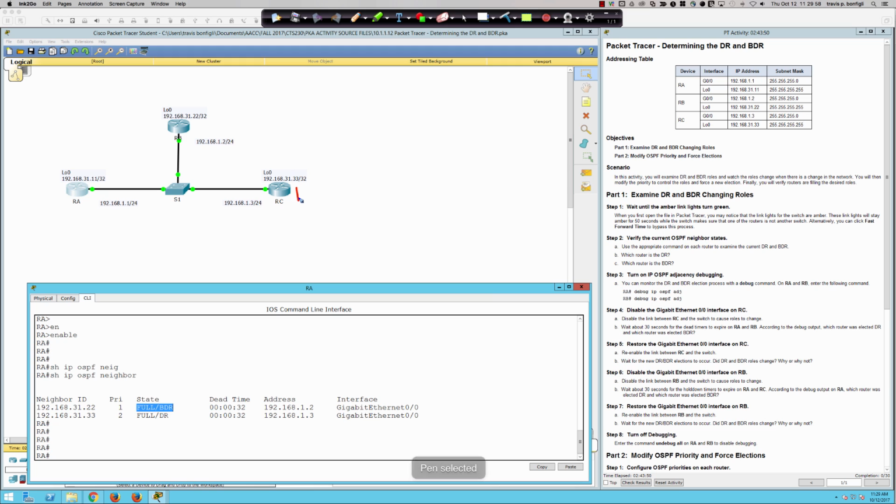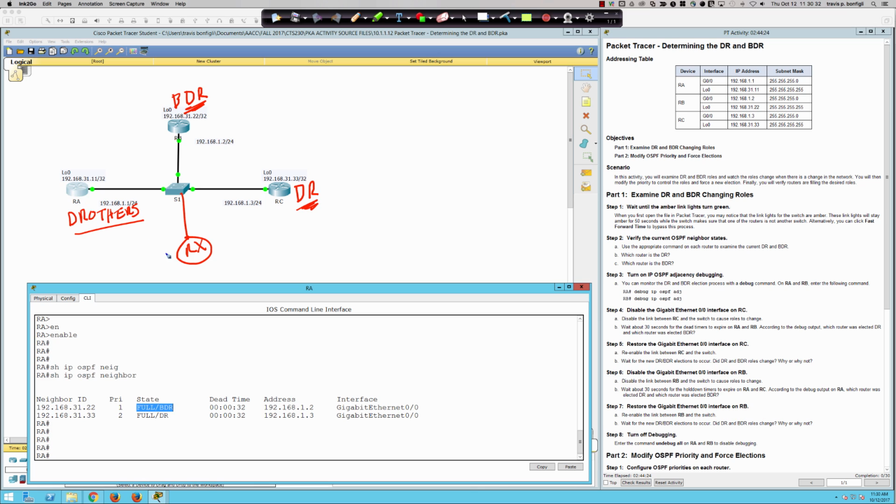Remember, if this is the DR and this is the BDR, router A would be seen, if there were other routers over here, let's say router X, right? Router X, they would be seen as DROthers, D-R-O-T-H-E-R-S, or DR others, because if you are not the DR and you are not the BDR, you are a DROther, right?